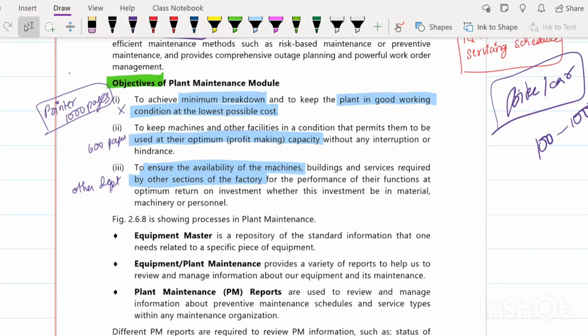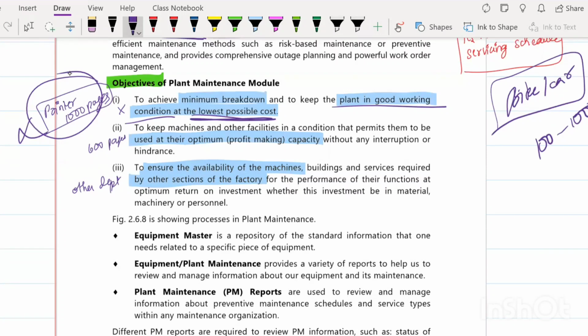If your printer has a capacity of 1,000 pages in a day, then you will make sure that there is no breakdown in this printer, because if this printer breaks down, then your whole business gets halted for a day, correct? So you will always make sure that you keep the plant, or the printer, in good working condition at the lowest possible cost, because you do not want to spend a lot but you still want to maintain it. So that is your first objective.